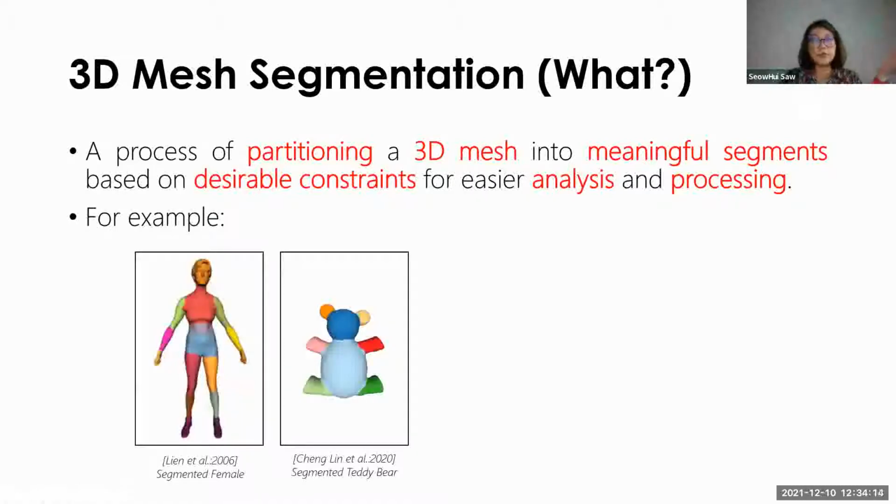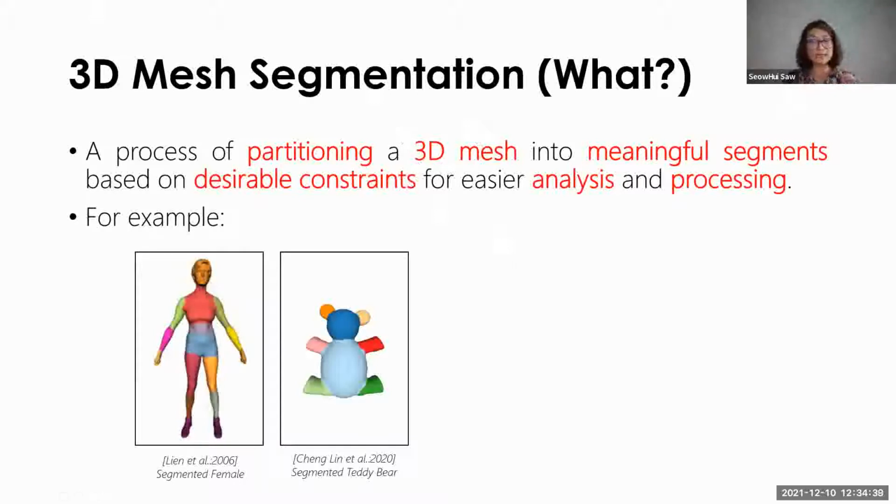Now, what is 3D mesh segmentation? As what I have illustrated previously with the pumpkin, it's a process of partitioning a 3D mesh into meaningful segments based on desirable constraints for easier analysis and processing, for easier cooking, right, and baking. So these are some examples actually done by other researchers.